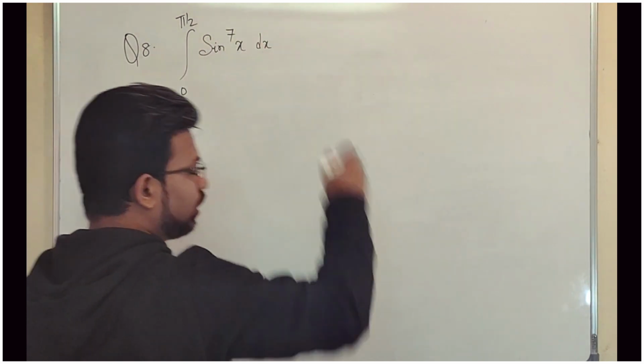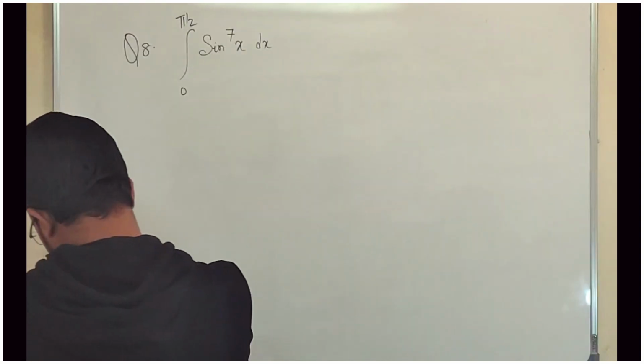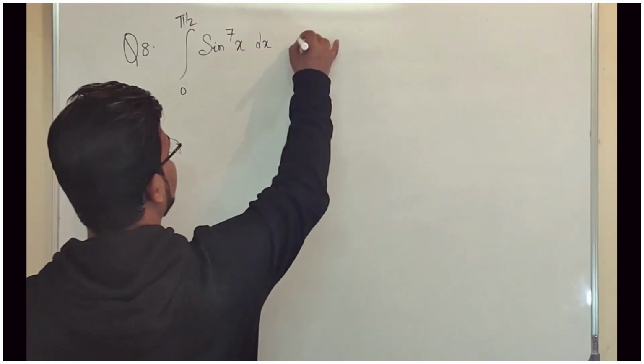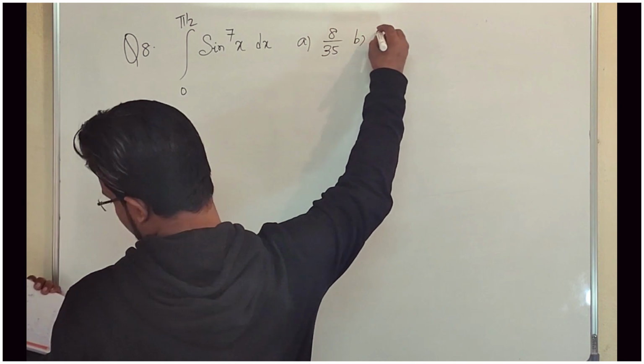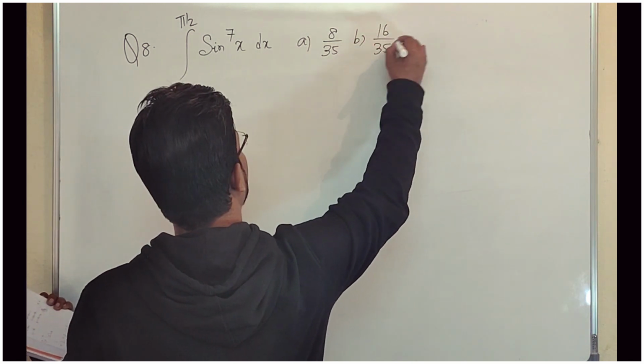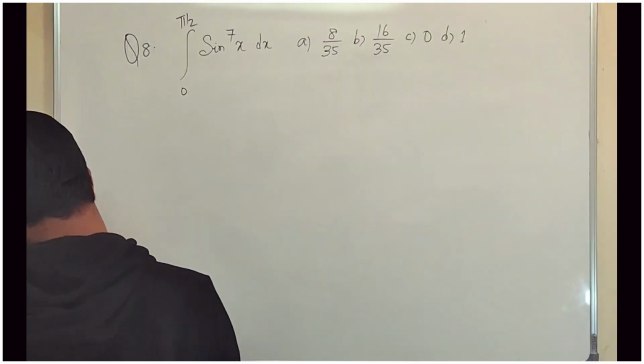I need to solve this. You can solve this in so many ways, with different methods like the gamma function and beta function, but I'll be using a different method. So here the options are: option A is 8 by 35, then we have 16 by 35, option C is 0, and option D is 1.